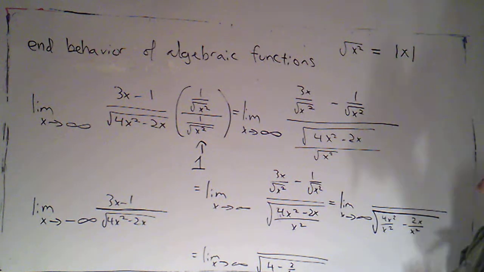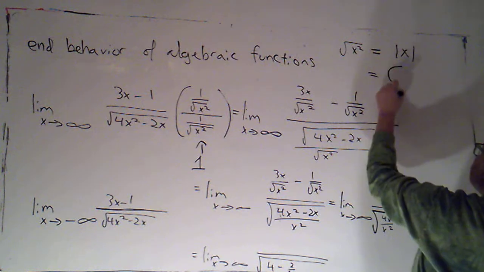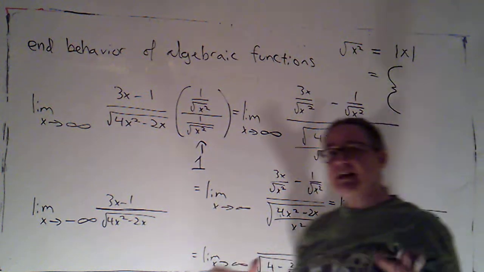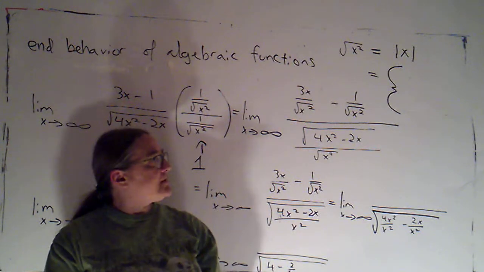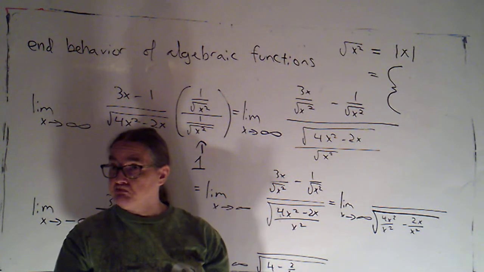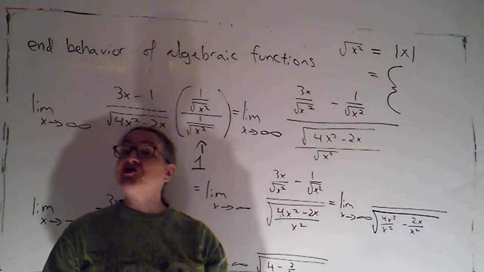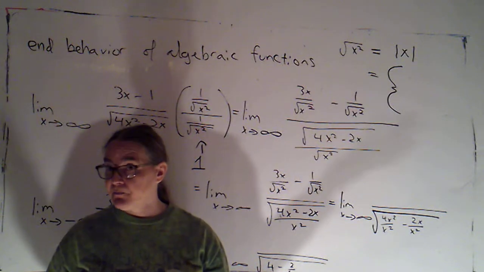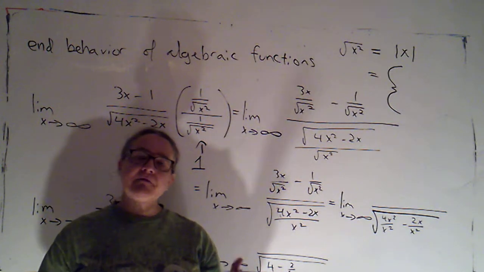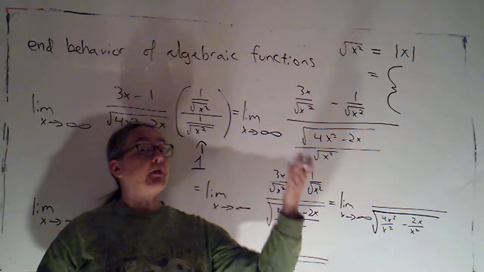Now, the absolute value of x, I can think of as a piecewise function. Let's just think about it. If I had you take the absolute value of 3, you would give me 3. You would say absolute value doesn't change a positive number. It also doesn't change 0. But if I asked you to take the absolute value of negative 3, I hope you would also tell me 3.